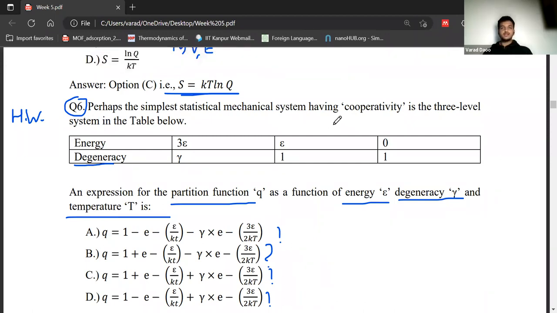I'll also give you the correct answer. What is different?